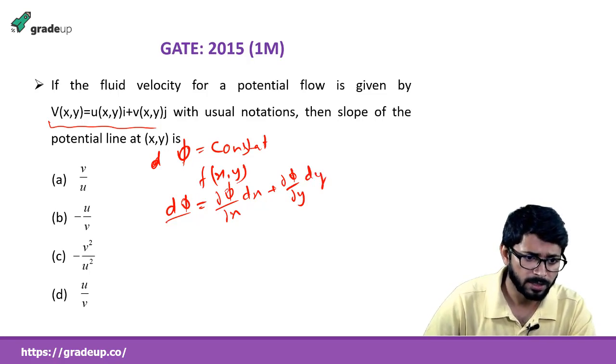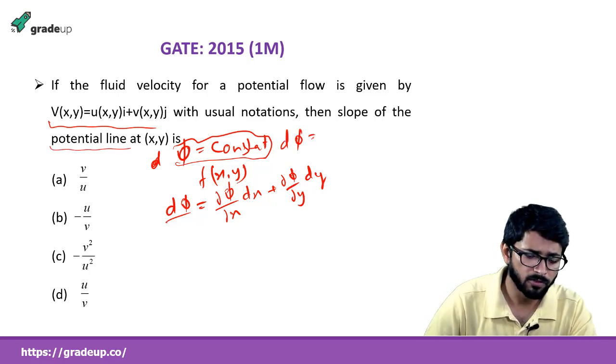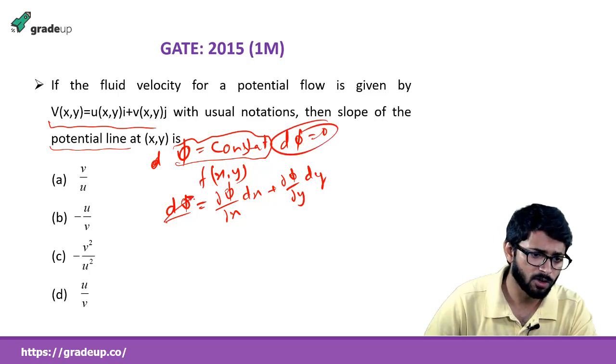But we have to find the equation of an equipotential line, that is a potential line having the same potential at every point. So d phi will be equal to 0 because the potential is not changing.